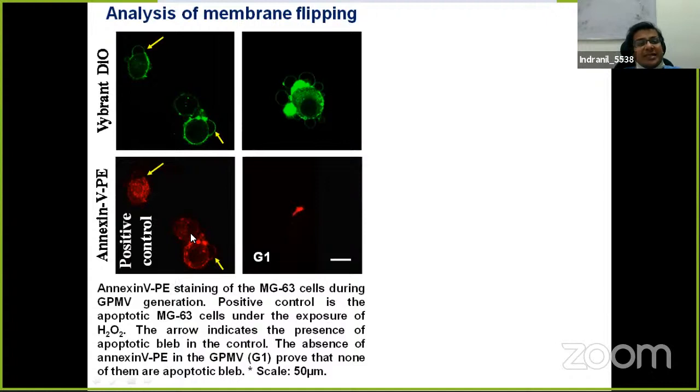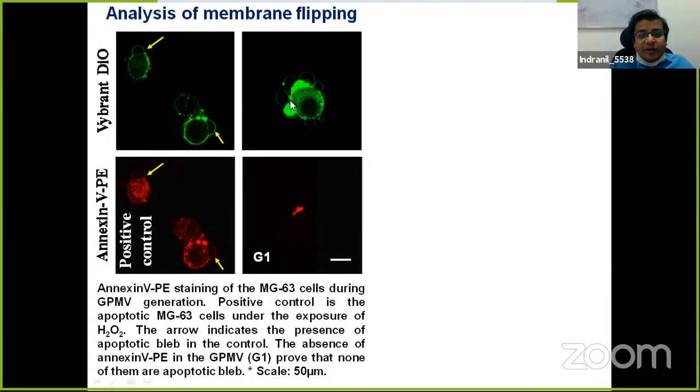Then what we see is that in the positive control, where the cells were treated with H2O2, the bleb contains this annexin V. That means whatever bleb is generated here is an apoptotic bleb. That's why it is taking both the colors, both the dyes.